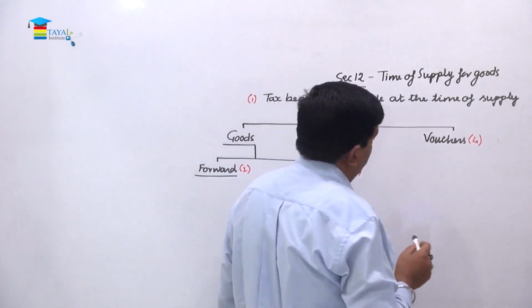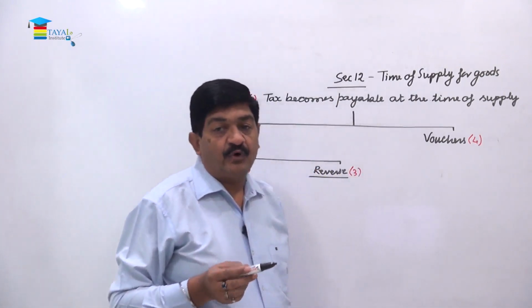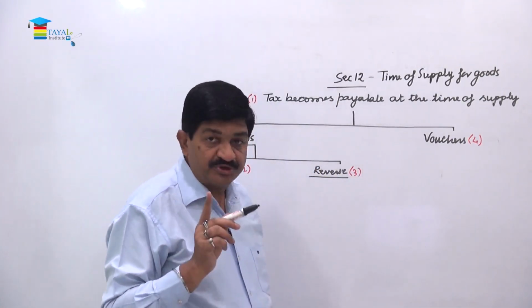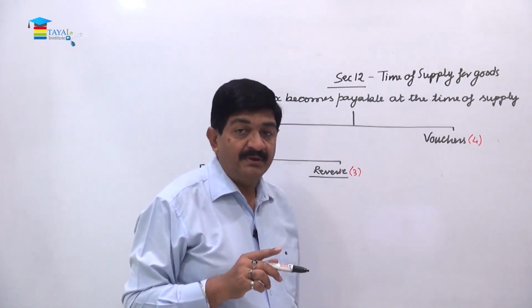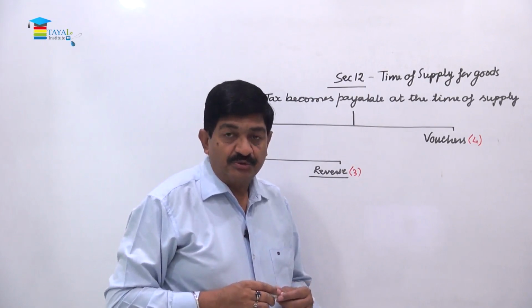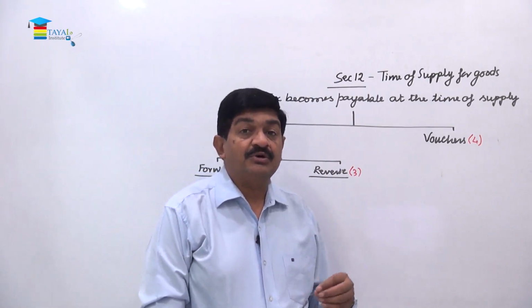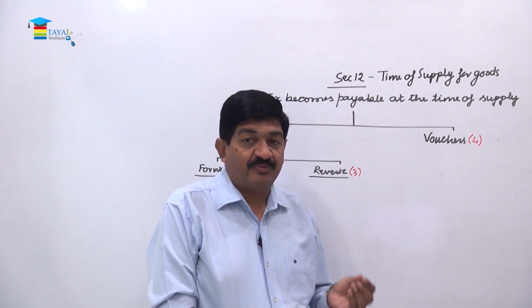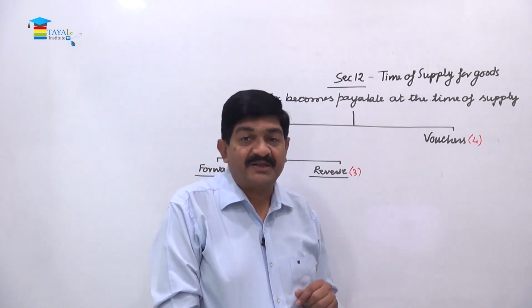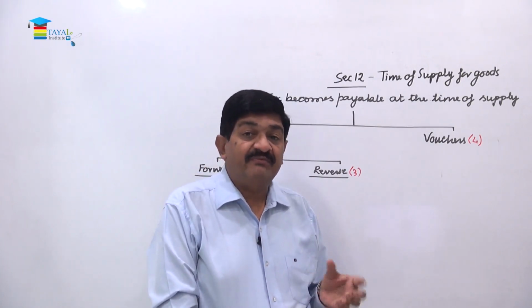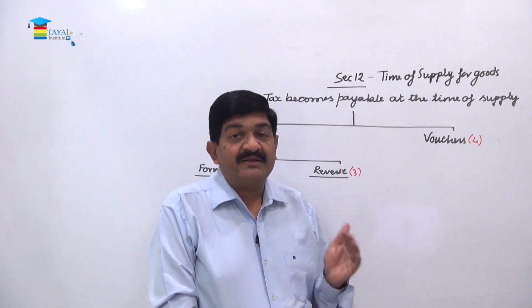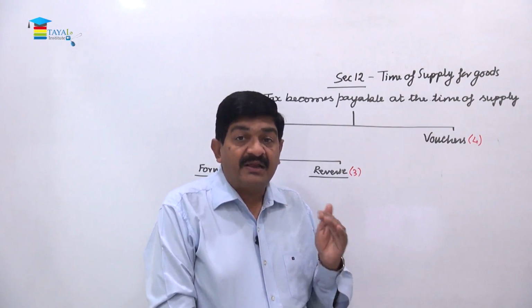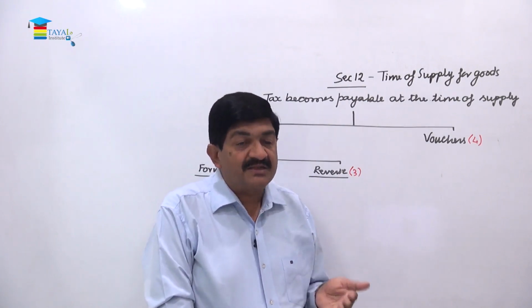So in relation to vouchers, what is the time for issue? So the first question is whether supply is already identifiable when the vouchers are issued, or it is not identifiable. So you can have a specific supply from a specific place against the voucher, then we say that the supply is identifiable. But voucher is redeemable against any article and at a number of places, then another situation.